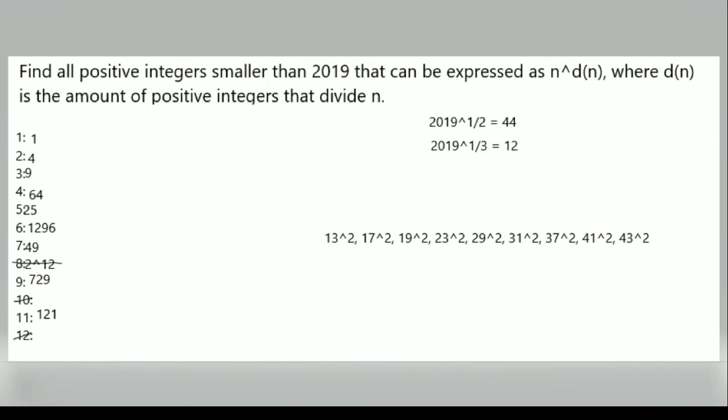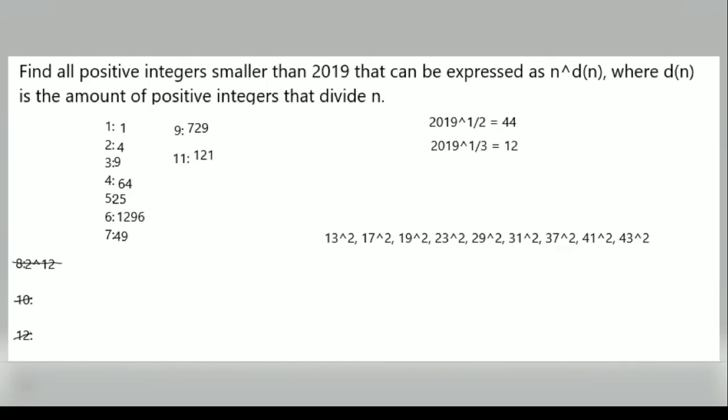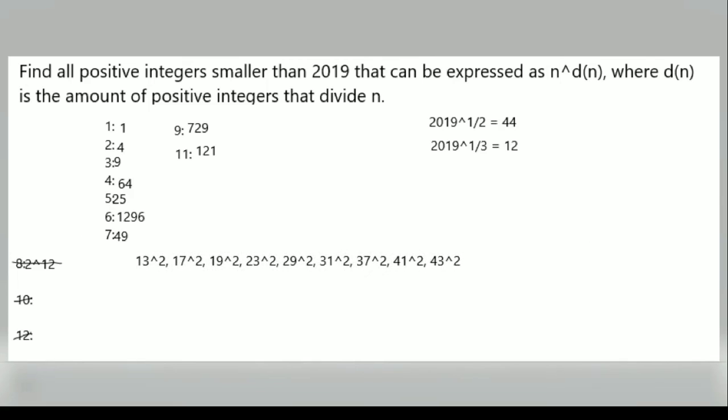So basically the answer is this set of numbers, these two numbers, and the set of prime numbers smaller than 44, squared. So here are all the numbers that meet the requirements.